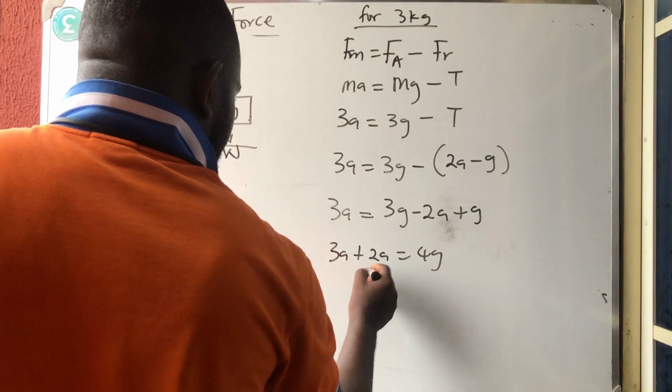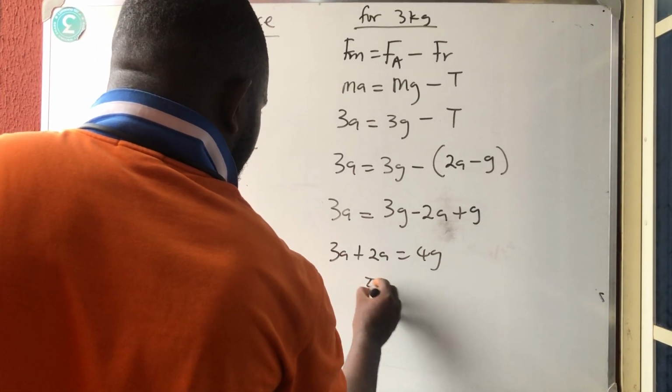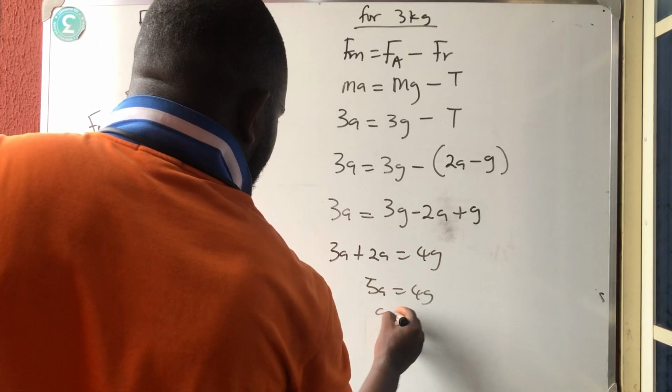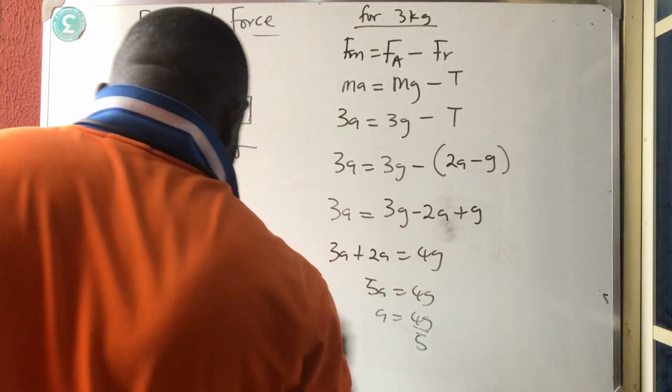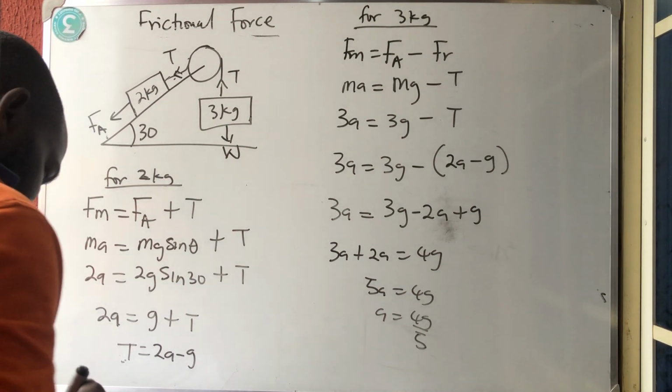So therefore, 5A is equal to 4G. So my A is 4G over 5. 4G over 5.